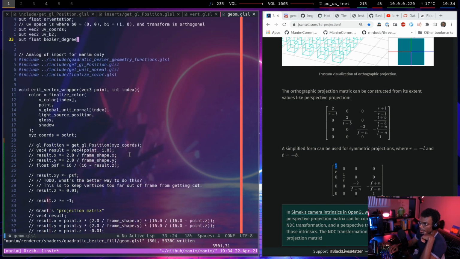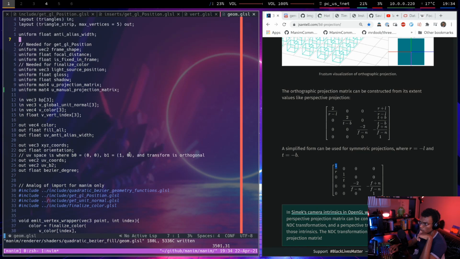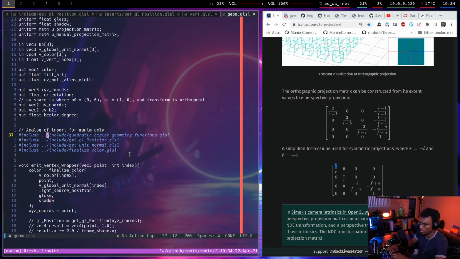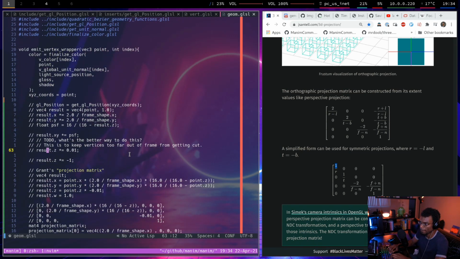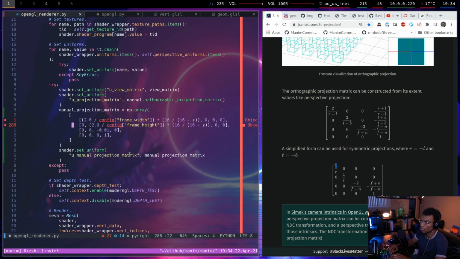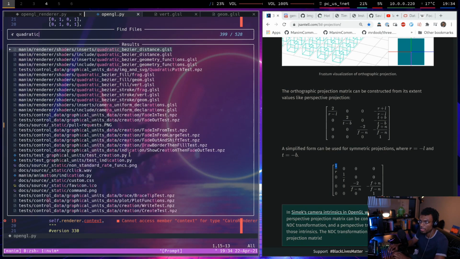Maybe I could deal with that later. Quadratic Bezier geometry functions. Maybe it's that? Let's see what's in that file.